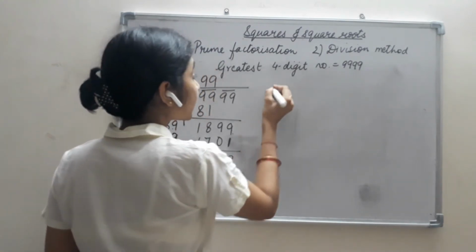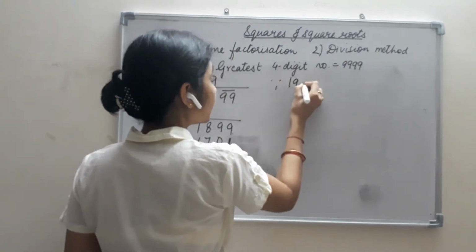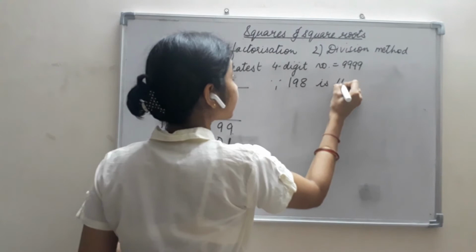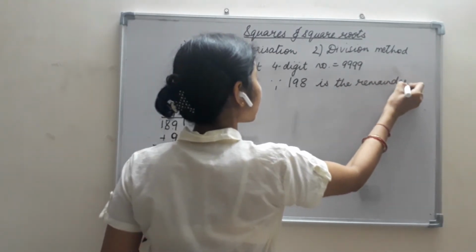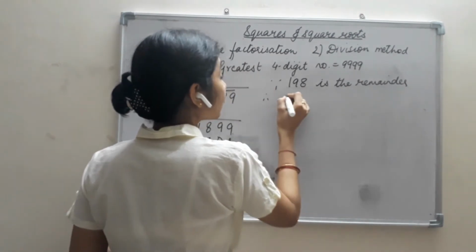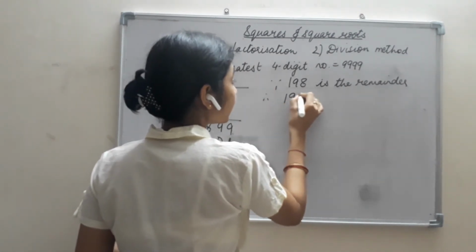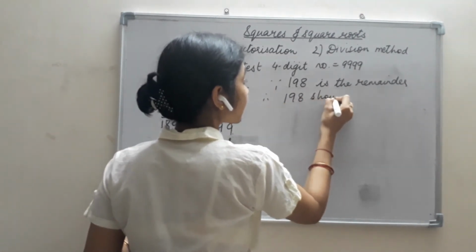Okay, so what do we get? Since 198 is the remainder, therefore 198 should be subtracted.